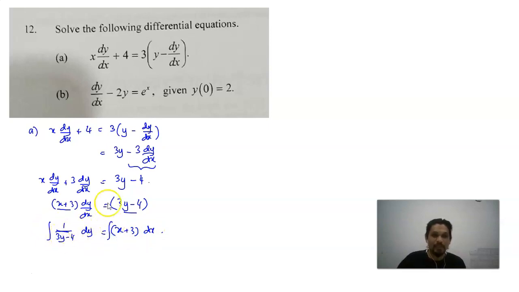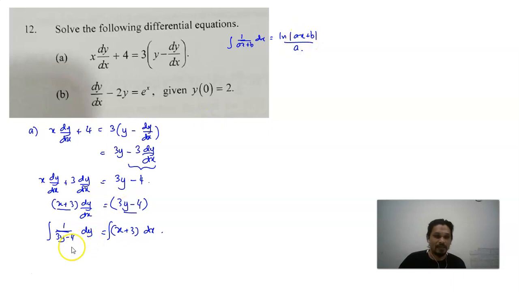The integral of 1 over ax plus b dx equals the natural log of ax plus b divided by the derivative of ax plus b, which is a.